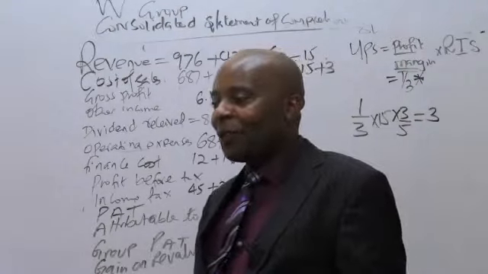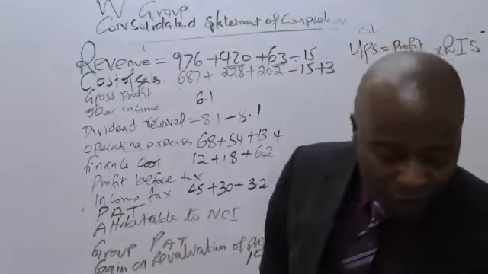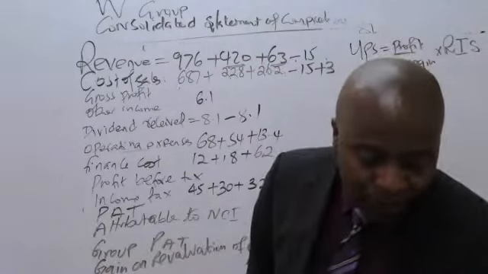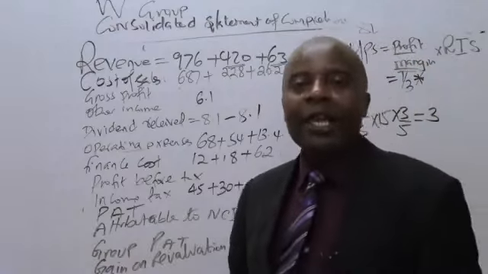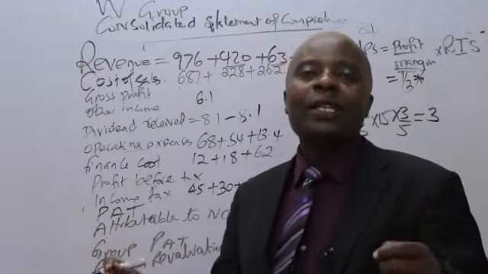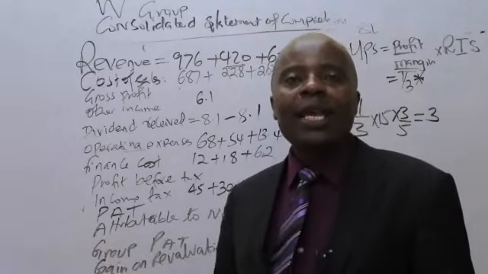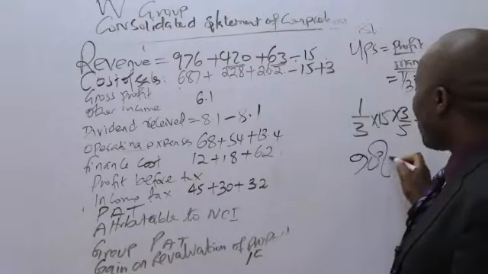How did I get 8.1? Very easy. You know F. Look at note number 3. W Limited owns 90% of the equity shares of F. And whatever dividend F declares, W will be getting 90%. So 90% of the 9.